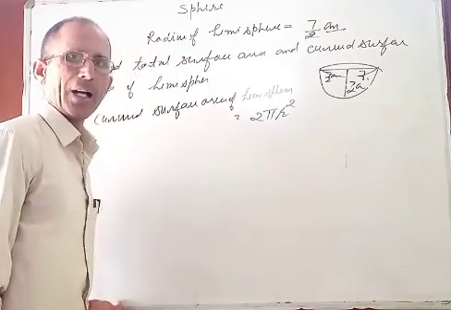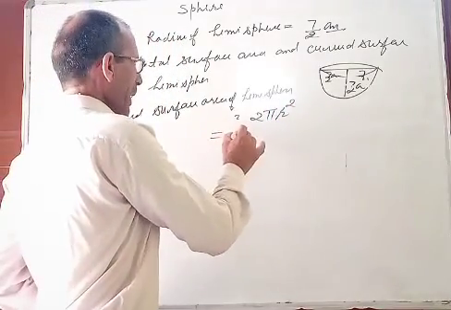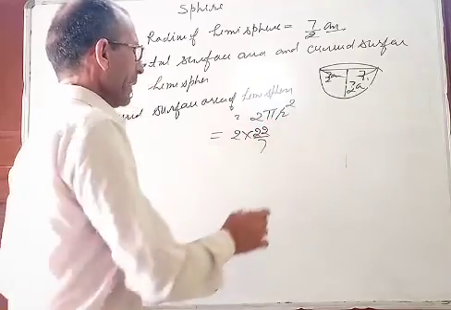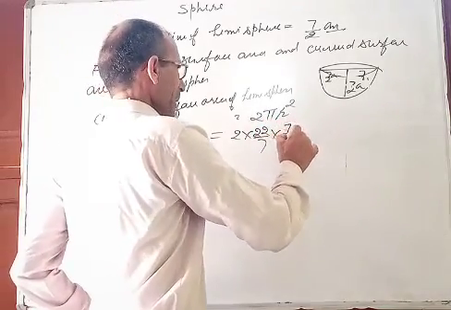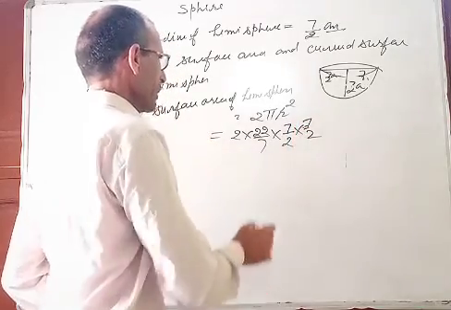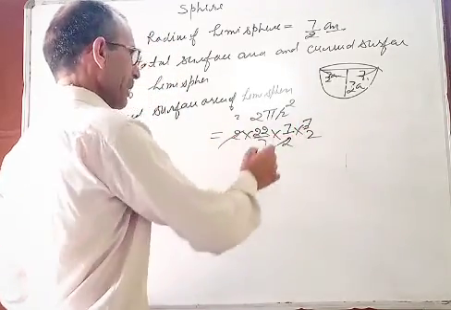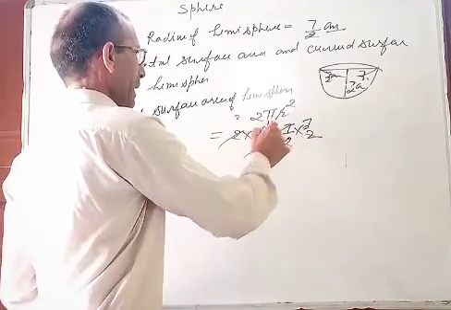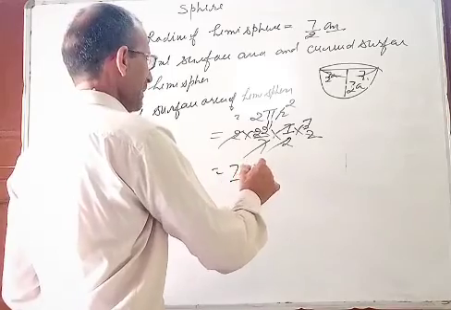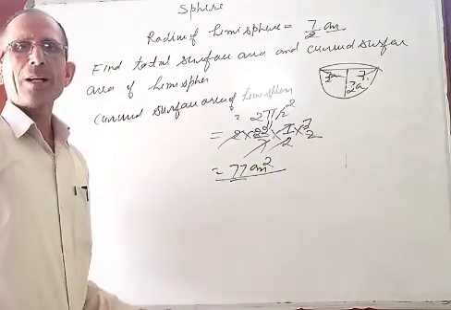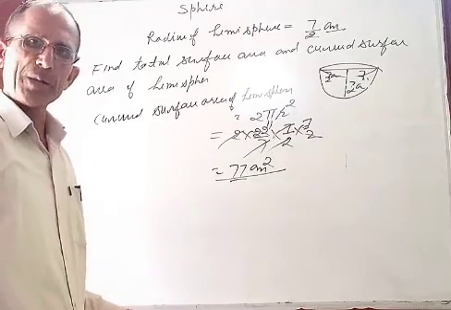The value of pi you already know, 22 by 7. Radius is 7 by 2 multiplied by 7 by 2. 2 cancels with 2, 7 cancels with 7. 2 elevens are 22... so the answer is 77 square centimeter. This is the curved surface area of the hemisphere.